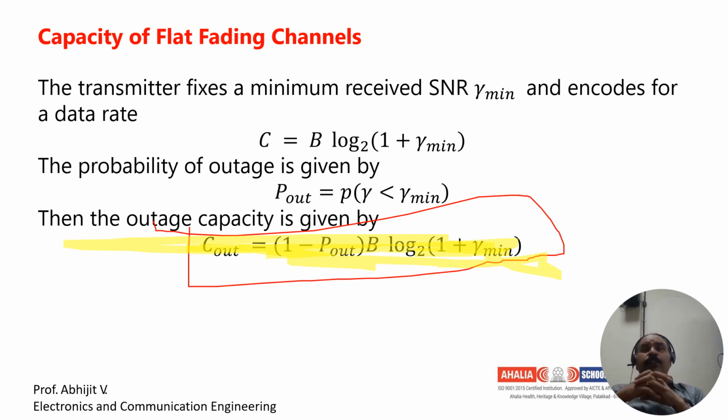What is outage capacity? C out is given by 1 minus probability of outage, where probability of outage means probability that the received signal to noise ratio is less than the required minimum signal to noise ratio, into B log to the base 2 1 plus SNR min, gamma min.